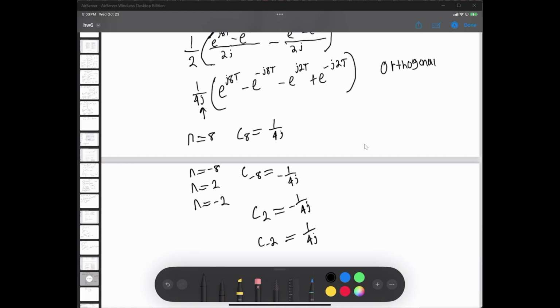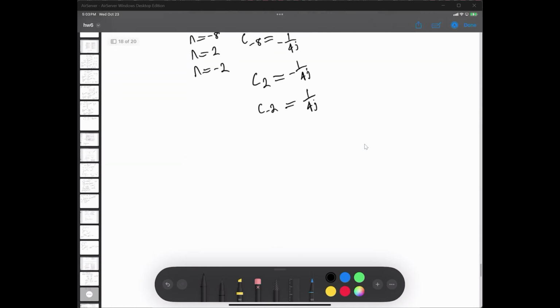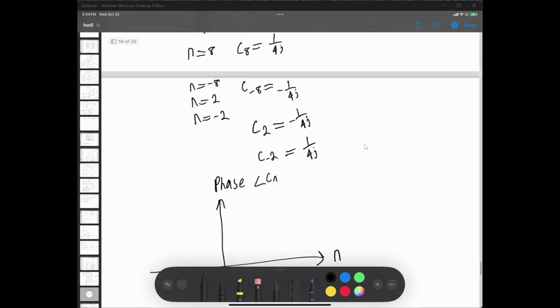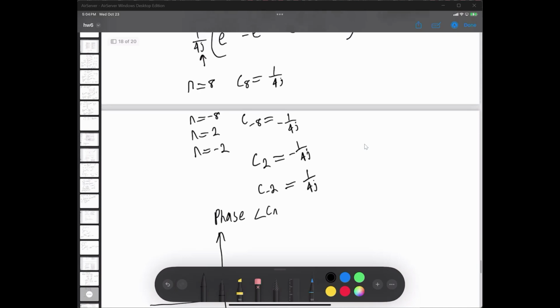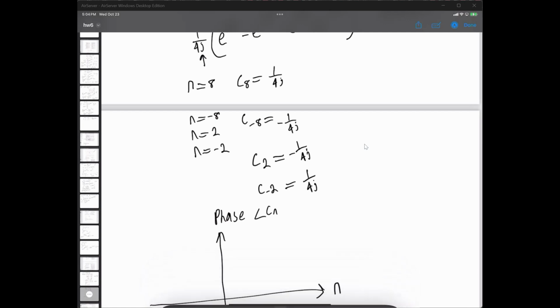So now we must plot a phase spectrum. On our x-axis we have n, and on the y-axis we have the phase angle of c of n. Since c is only imaginary in this case, we focus on sine. Where is sine positive?